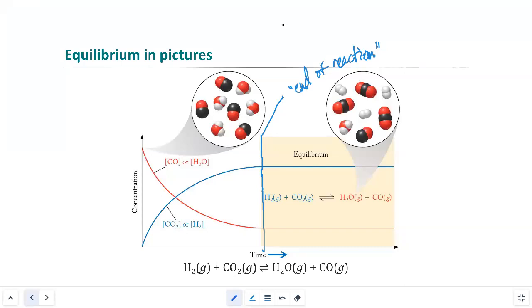Truth of reality is a chemical reaction is never truly over or done reacting. All that happens is that it hits an equilibrium state. And in that equilibrium state, we no longer notice that the reaction has continued. It has started to reverse itself, and now it has hit this dynamic equilibrium condition at whatever time value that is.